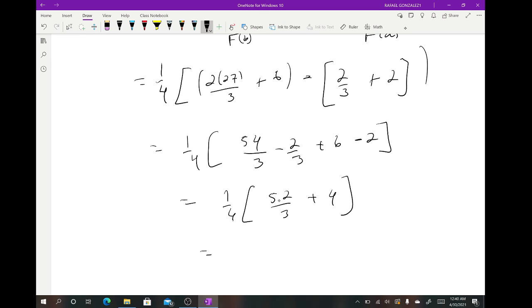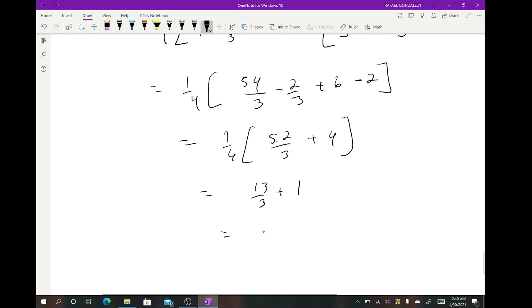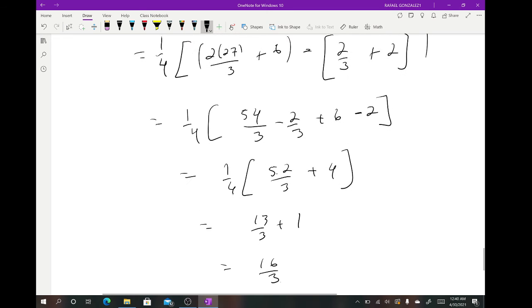And then we have, so 52 is actually divisible by 4. We get 13 over 3 plus 1, which means it is equal to, so 1 is the same thing as 3 over 3, so this is 16 over 3. It doesn't simplify more than this, but this is the correct answer.